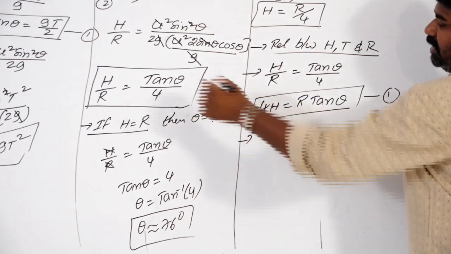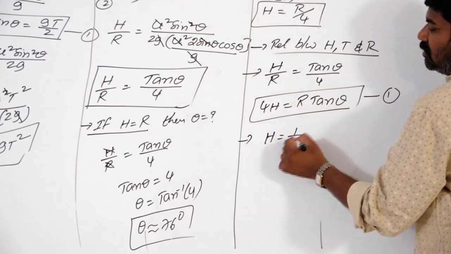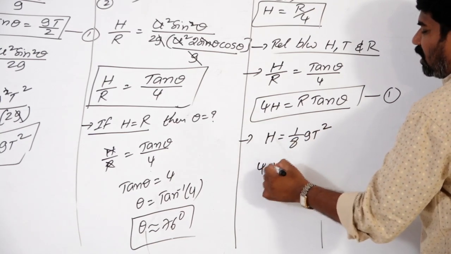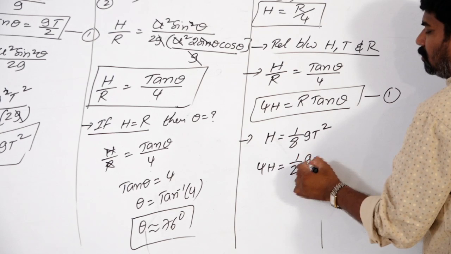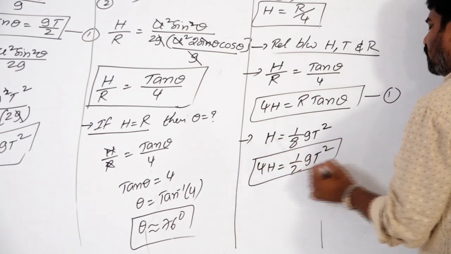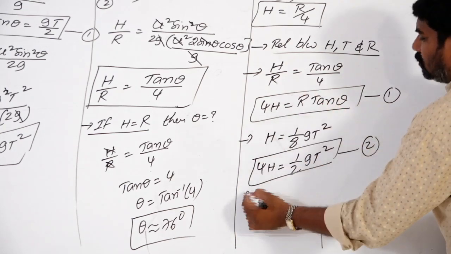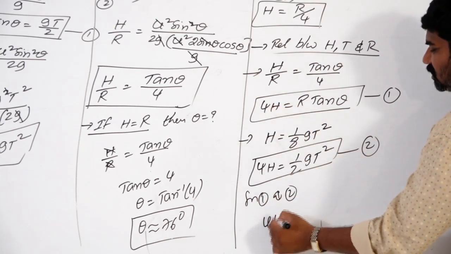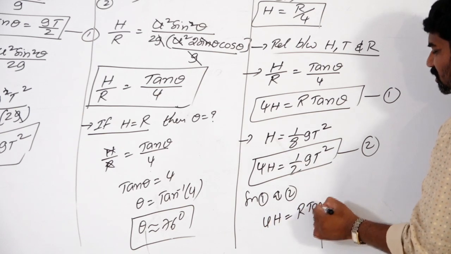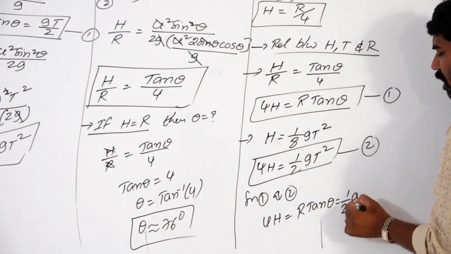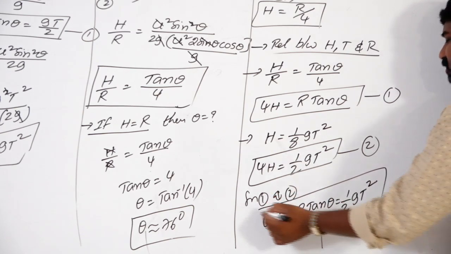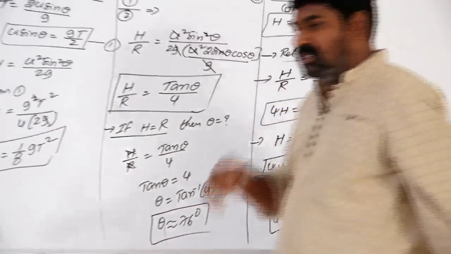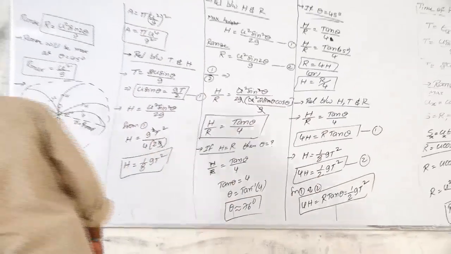And here we know that h is equal to 1 by 8 g t square, that means 4h is equal to 1 by 2 g t square, equation number 2. From 1 and 2, 4h is equal to r tan theta, that is equal to half g t square. This is the relation between h, t and r.